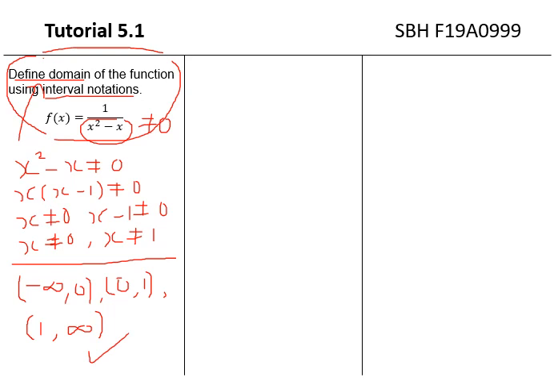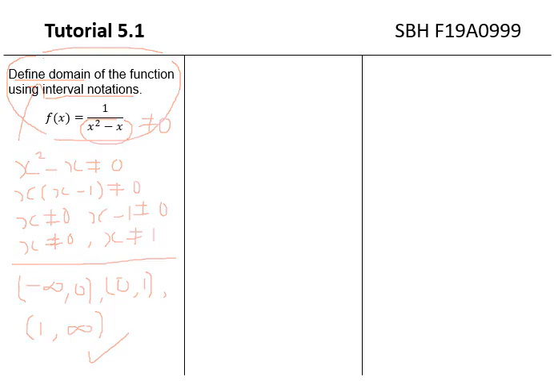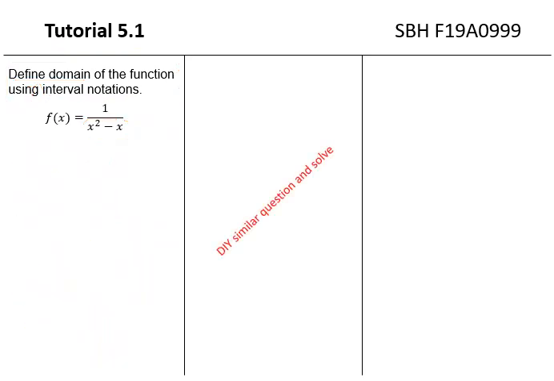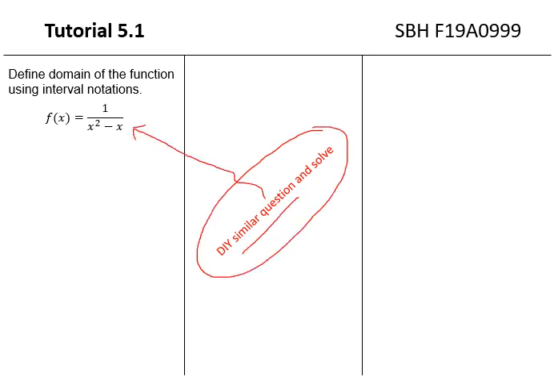Next, you see the second column. What you need to do with the second column is create a similar question and solve it here at the second column there. For example, you can write the function f(x) equals 999 divided by 4x squared minus 3.